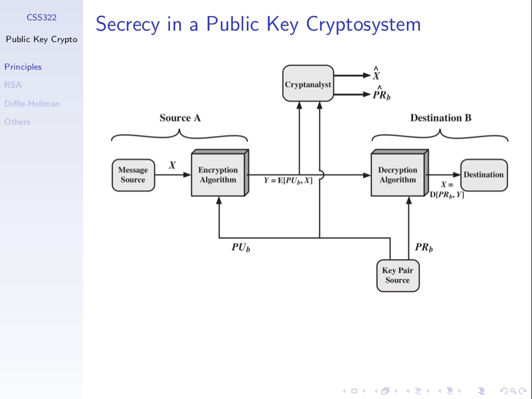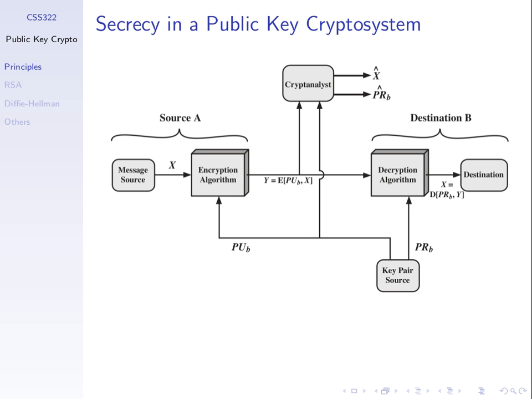And if the algorithm works and the keys are chosen correctly, it should be hard for the attacker, given the ciphertext, to be able to decrypt that ciphertext and get the original plaintext. Because they don't know the private key, they should not be able to decrypt and get the original plaintext.